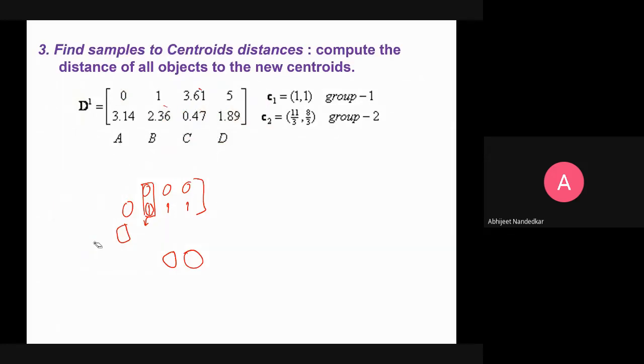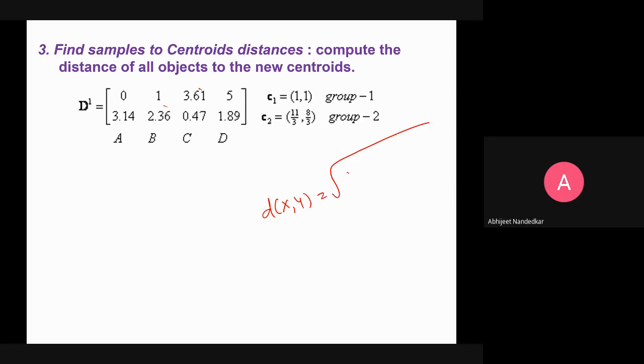Computationally it is complex because we need to find out the distance, and here distance means Euclidean distance. I forgot to mention that we are using Euclidean distance. So the distance between, say, x and y is the square root of x1 minus x2 squared plus y1 minus y2 squared.